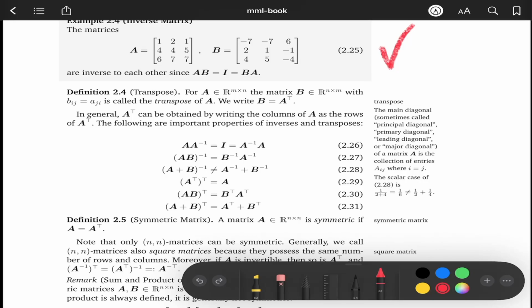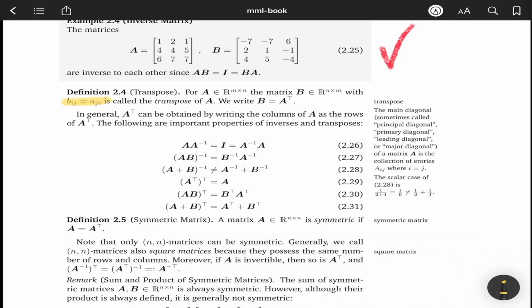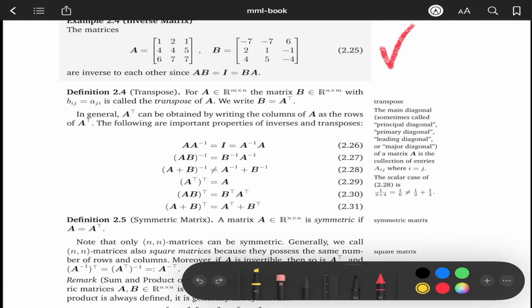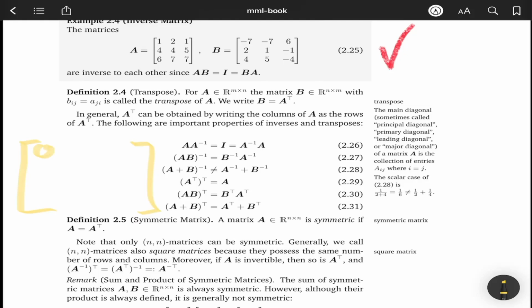Okay, so what they mean, first before we go to these properties, this is basically the definition, right? So one thing you can think of, if i and j is the same, then nothing changes. So B11 equals A11 and B22 equals A22. So if you have a matrix, all the lines in the middle are the same.